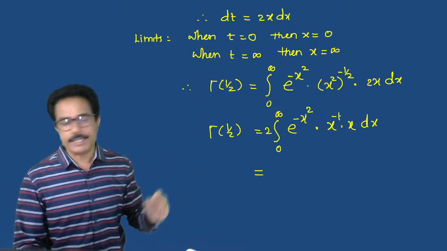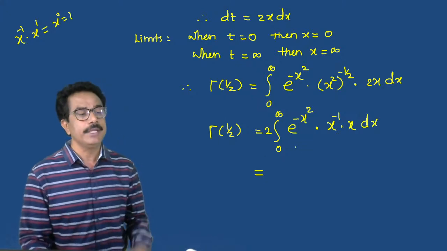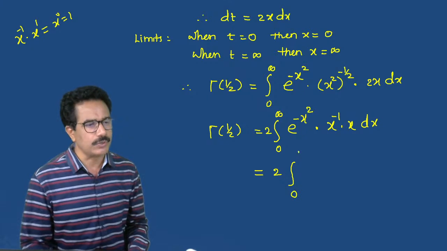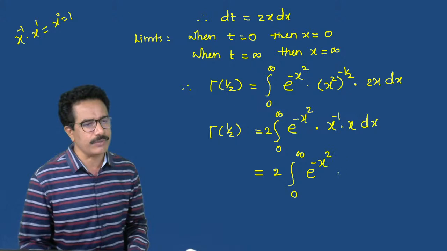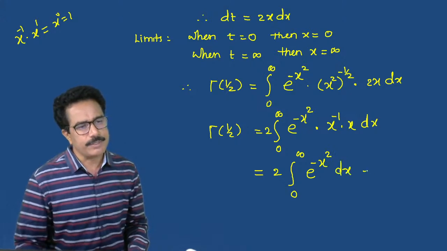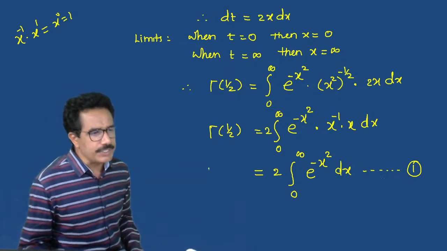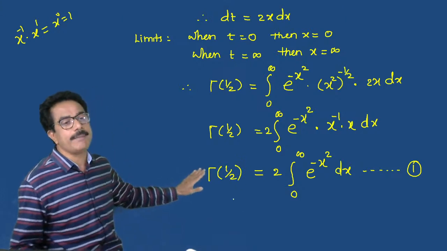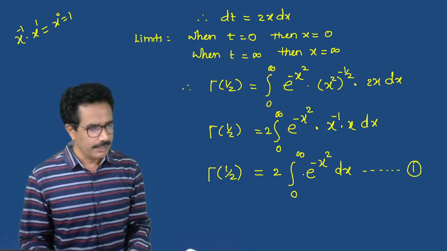So what is the value of x raised to minus 1 into x raised to 1? That is x raised to 0, it will be 1. So we can write this integral from 0 to infinity e raised to minus x square dx. Suppose this is the equation number 1. That means this is the gamma of 1 by 2. We have written this gamma of 1 by 2 with respect to x.